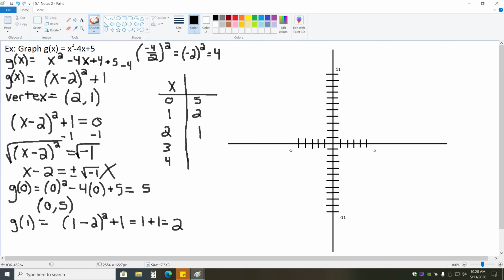That means, according to the axis of symmetry, they will share the same y value. Think about that U shape. If we are at the vertex here at 2, 1, then to the left of it we have the point 1, 2. That means to the right of it, a distance away of 1, we'll have the point 3, 2.